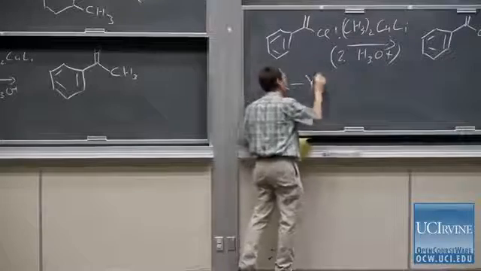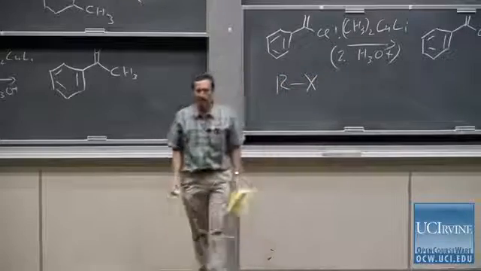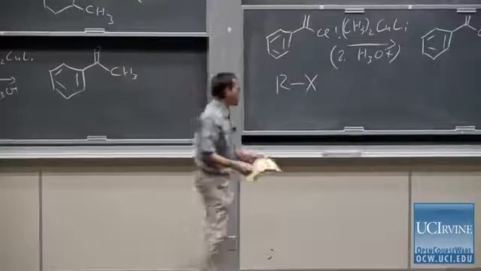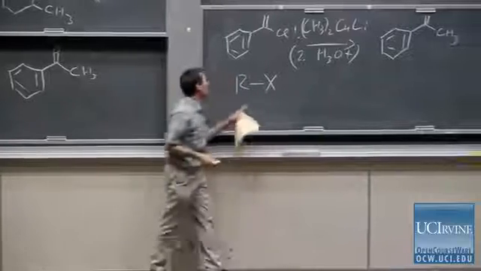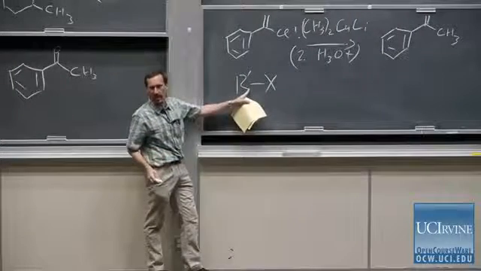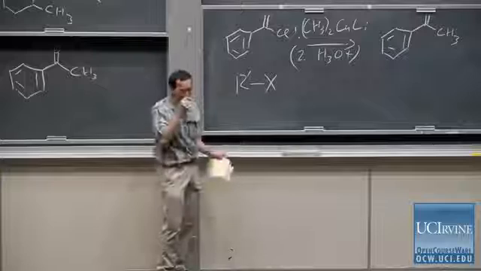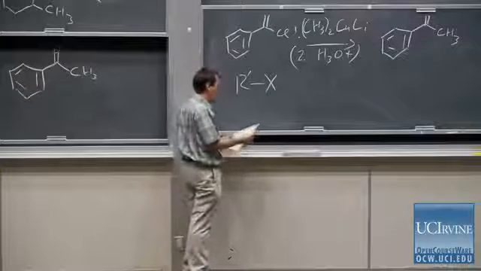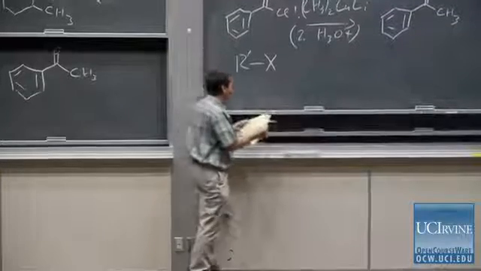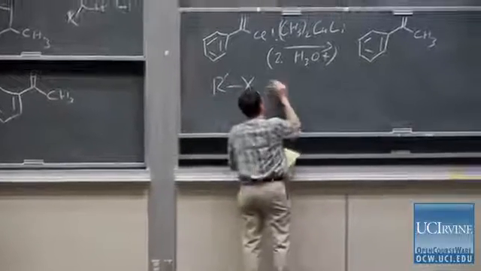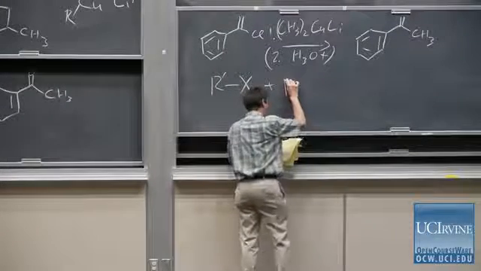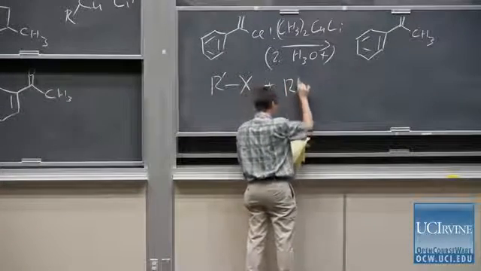Well, I've been hinting at this notion that metals can act as a template. So in a general sense, we have some sort of halide. This can be an alkyl halide, it can be an aryl halide, it can be a vinyl halide, and we have some type of cuprate reagent.